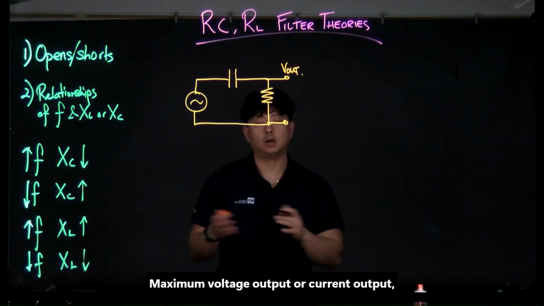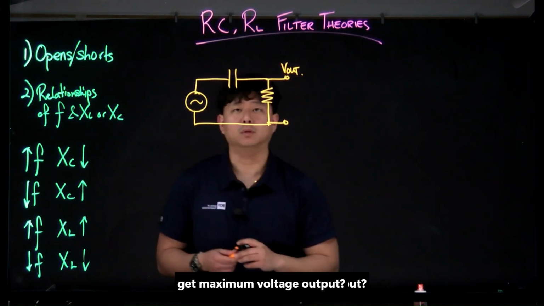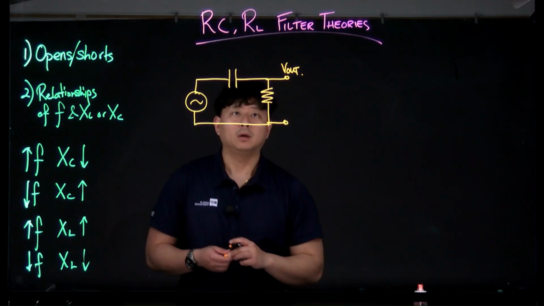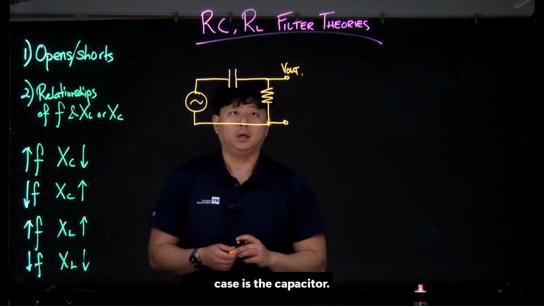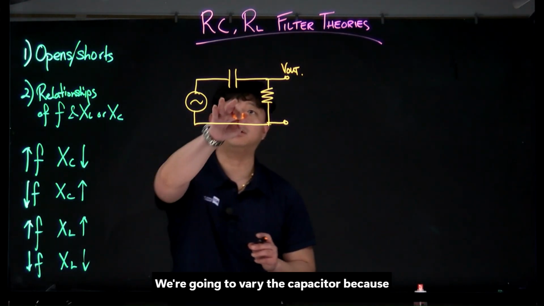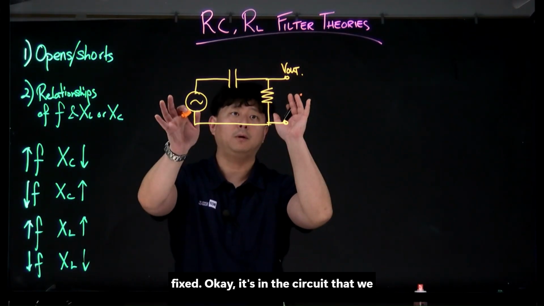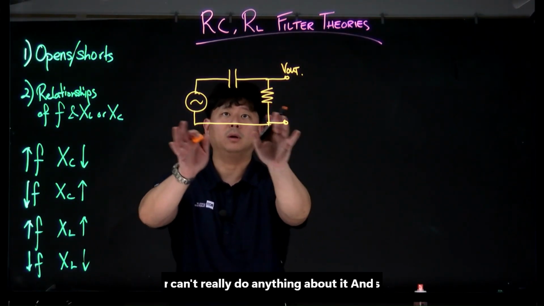Maximum voltage output or current output, doesn't matter. The only thing that we can vary in this case is the capacitor, because the resistor in this example is fixed. It's in the circuit and we can't really do anything about it.